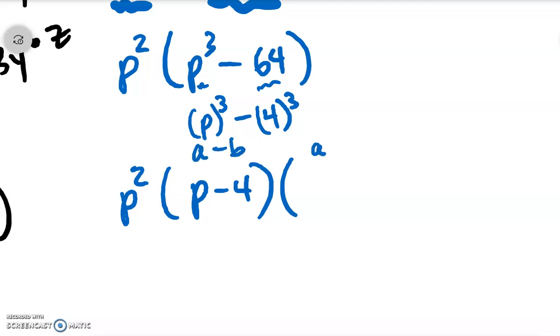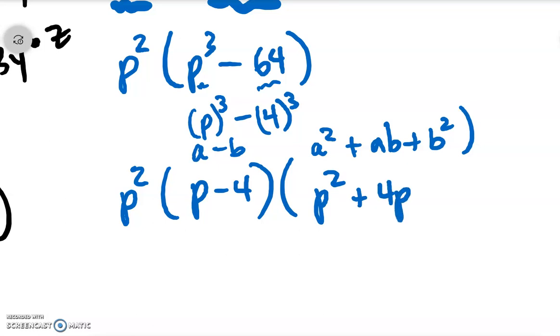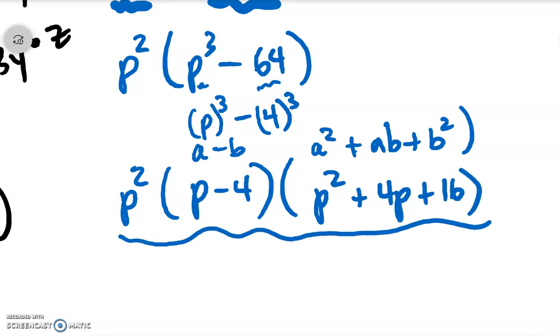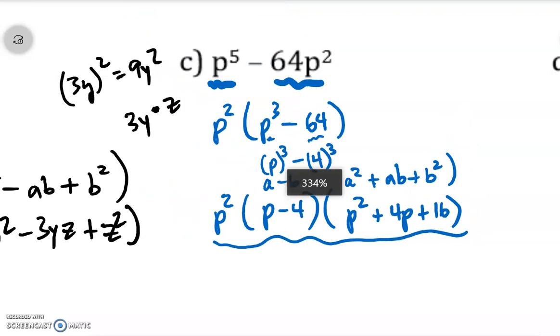And this part here is going to be a squared plus ab, because different sign, and then this is always positive. So my a squared means p squared, a times b means p times 4, which is 4p, and b squared is just 4 squared, which is 16. So this is your final factored answer, just following the pattern.